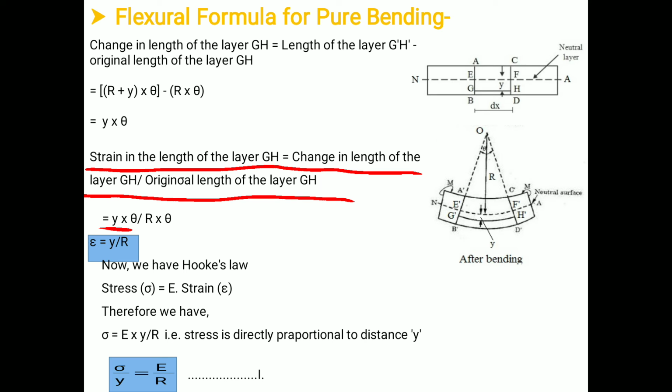Therefore, the strain in the length of layer GH, denoted by epsilon, is given by Y upon R, because theta gets cancelled in this equation. So the final strain in length of layer GH is equal to Y upon R. This is the value of strain which we have calculated for the layer GH.